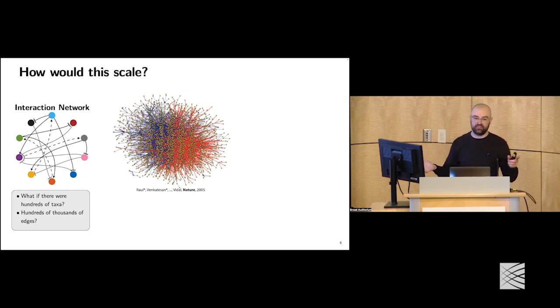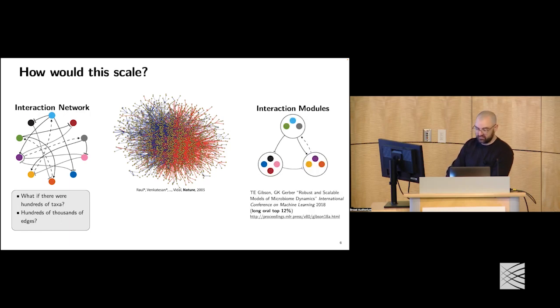So let's say we had the time series data, we did a cool experiment. We wanted to learn these beta ij parameters, a straightforward regression approach to those dynamics. If we discretize them, you would very quickly run into this protein interaction network type figure. So our big contribution in this ICML paper was to come up with efficient ways to model microbial dynamics, to automatically learn the structure in terms of modules.